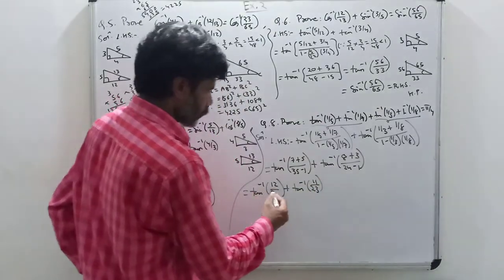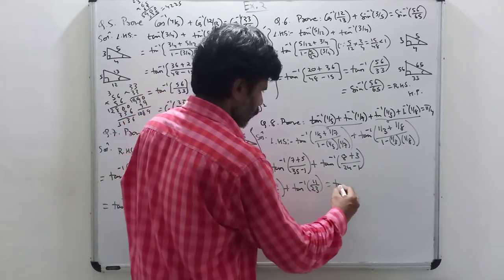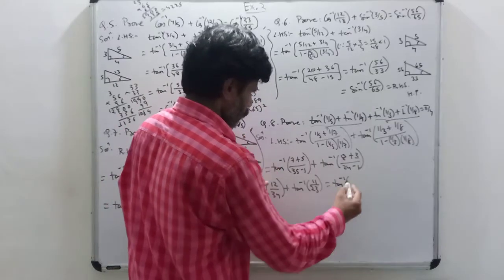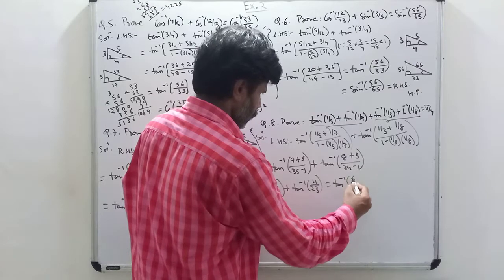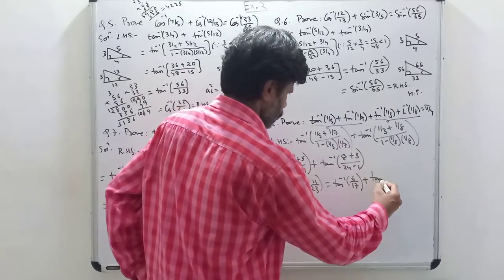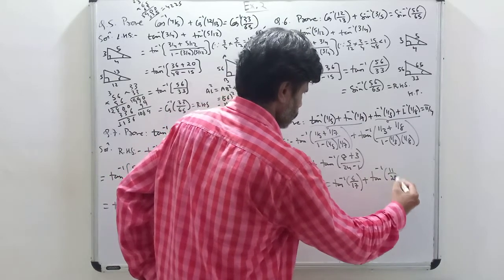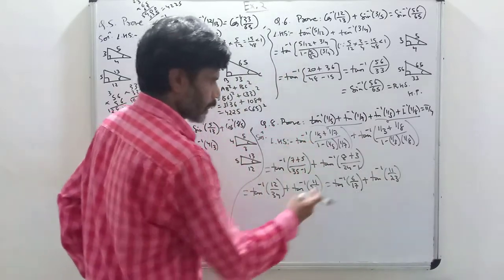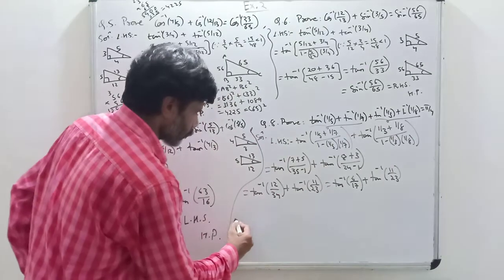Here cancellation we can do, so this will become tan inverse of 6 by 17 plus tan inverse of 11 by 23. Now here I am applying the formula. Again the product is less than 1, so we can apply that formula.